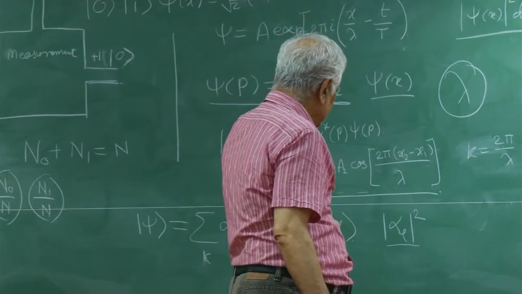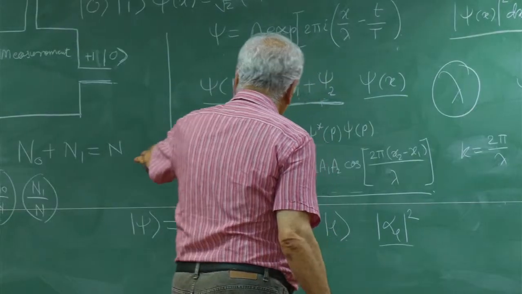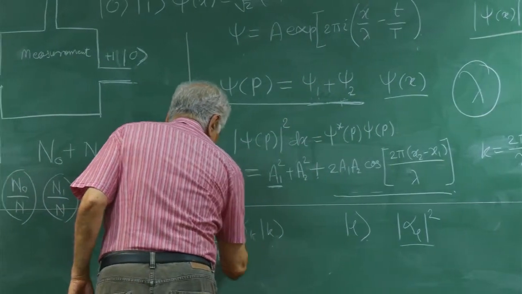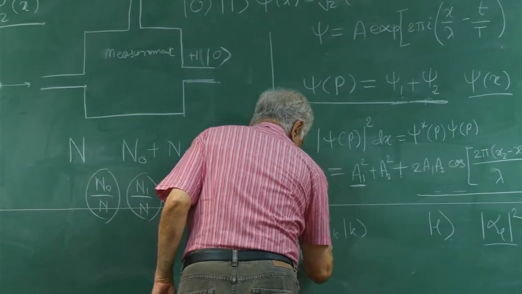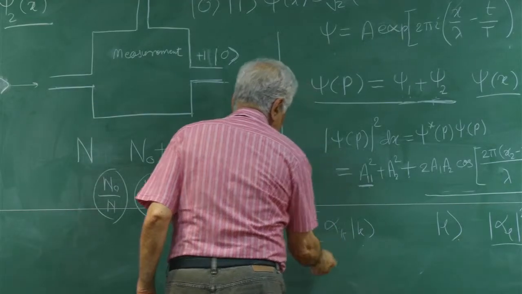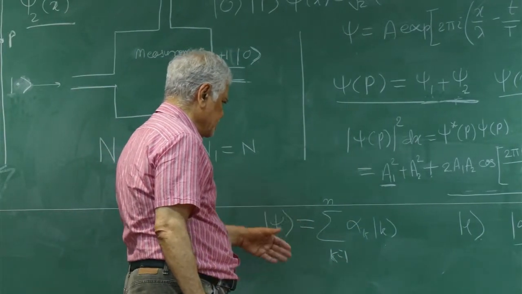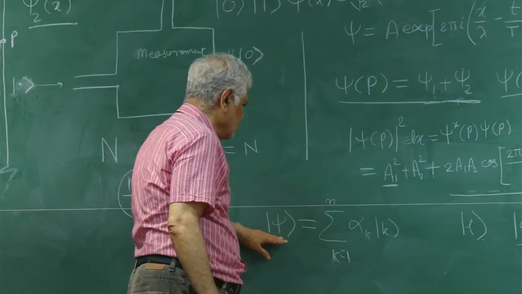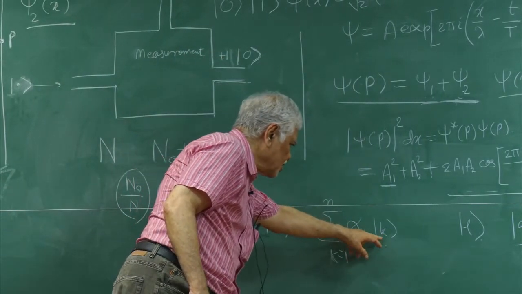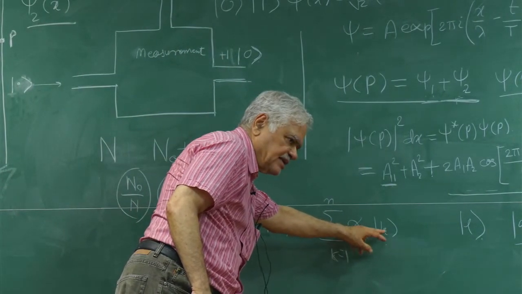Suppose I make a measurement on this, and there are some k equal to 1 to n eigenvalues. I have this superposition, and I make a measurement of the observable whose eigenkets are here.